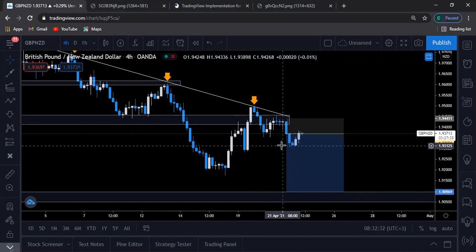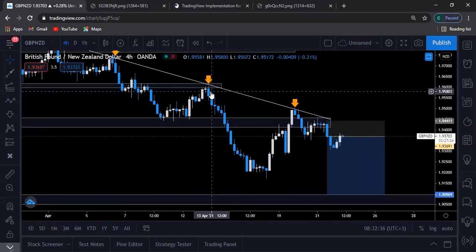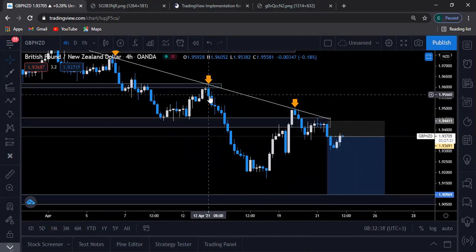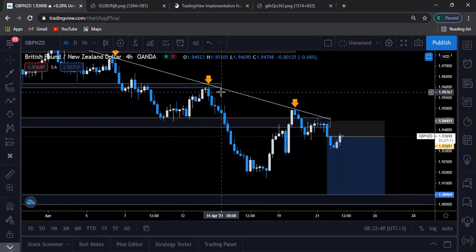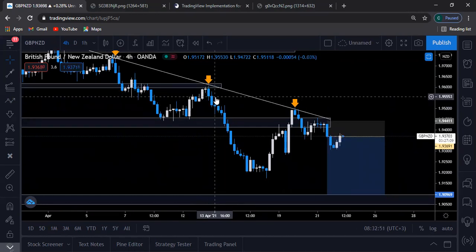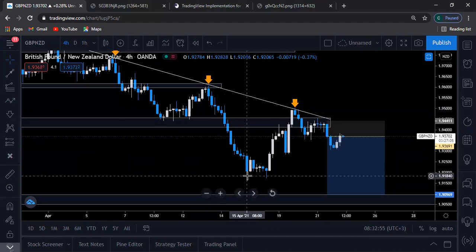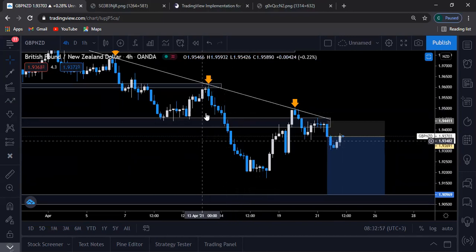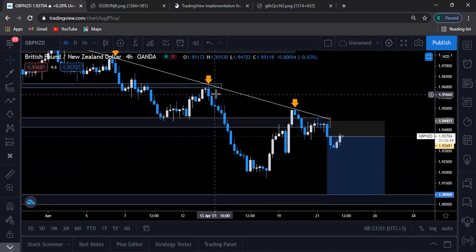Last week, we took a similar trade at around here, and then prices fell all the way until here, and I said, guys, go break even, right? I told my students to go break even, until prices retraced and stopped us out. We actually had to re-enter the trade. We did catch a good 200 and something pips, but we could have caught more if we weren't stopped out at the first trade.